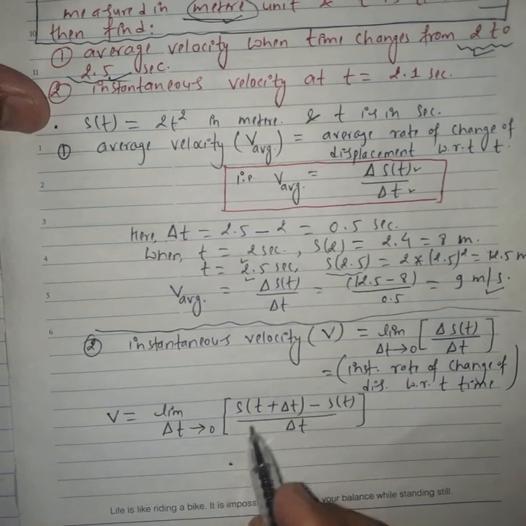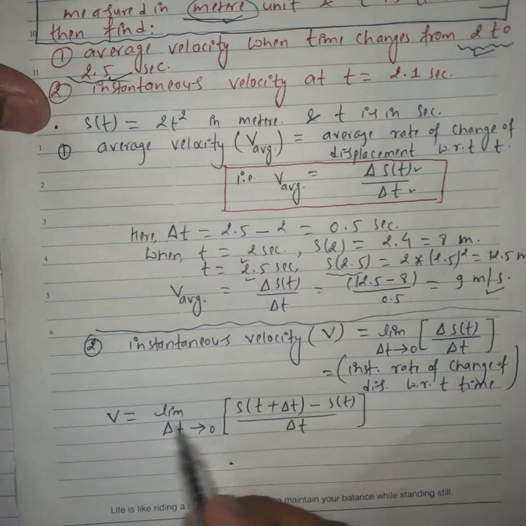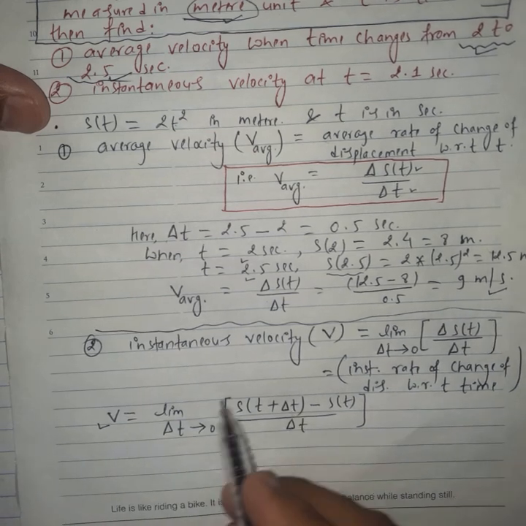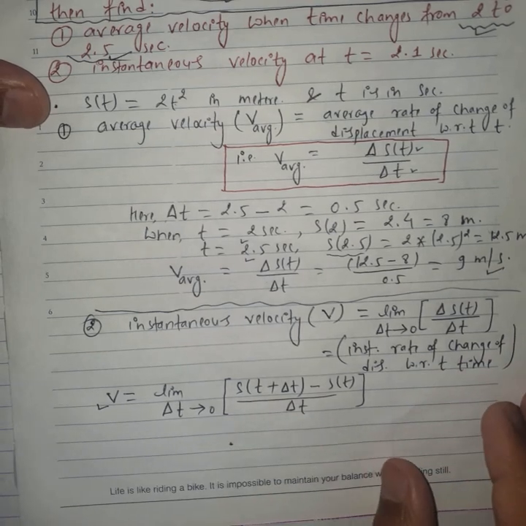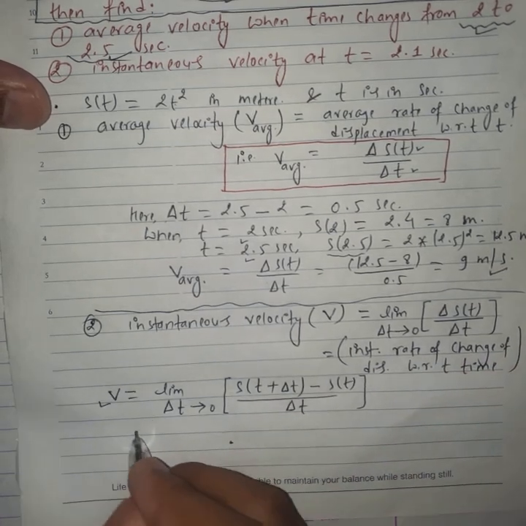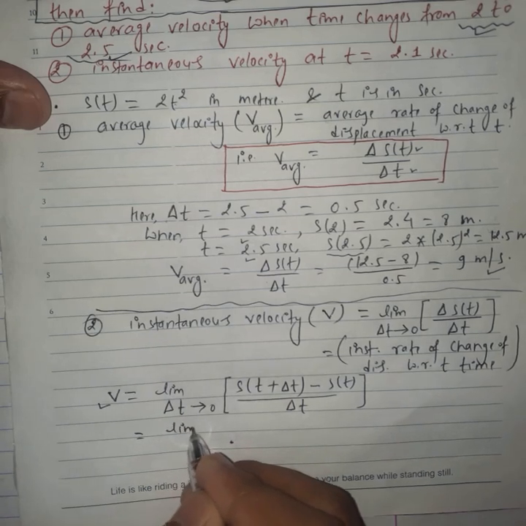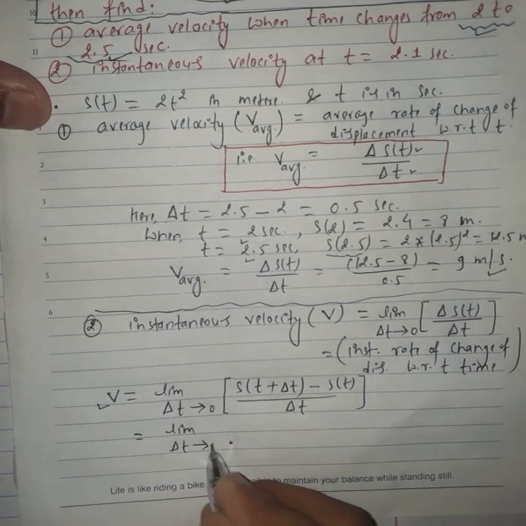Here we just expressed the instantaneous velocity in the functional value format. Let's calculate the value. Limit delta t approaches 0.